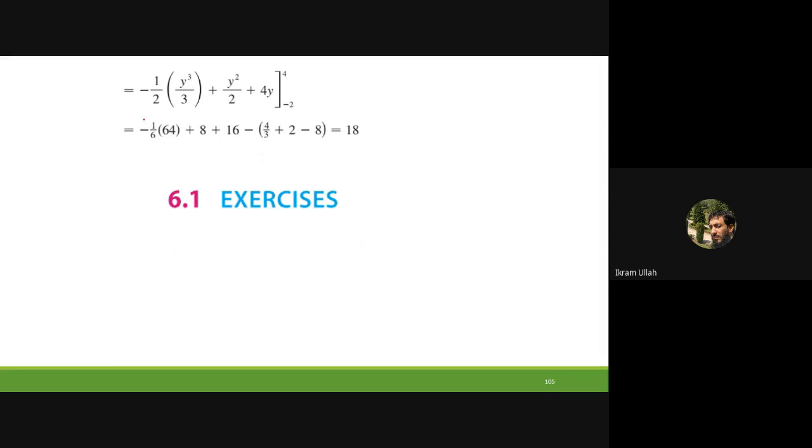Then we integrate with respect to y and use the fundamental theorem of calculus, upper limit minus lower limit, and simplify. We get 18. So the area of this region is 18.